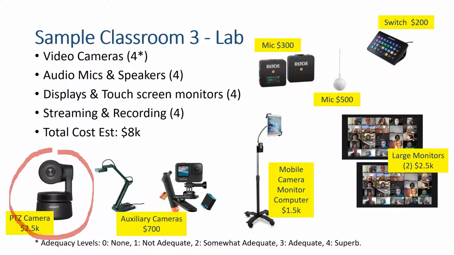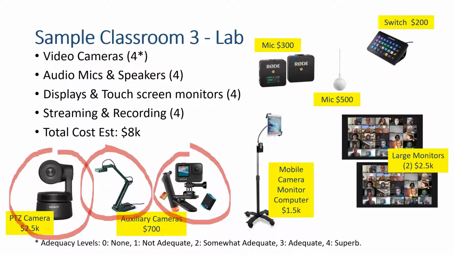That's a PTZ camera that could potentially track the instructor, and then here's an overhead document camera that could be portable, as well as something even more portable like GoPro cameras that the instructor can point at certain areas that are harder for students to see.